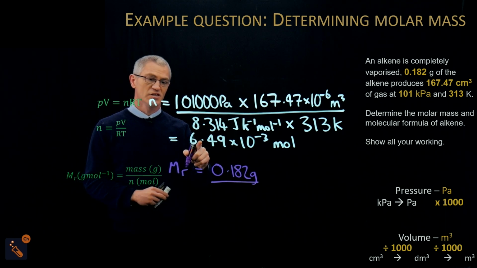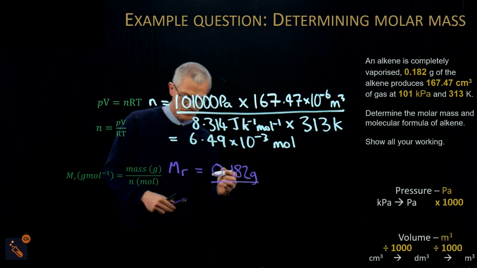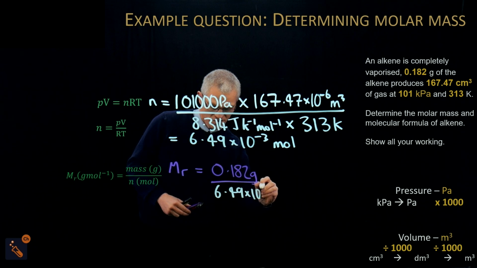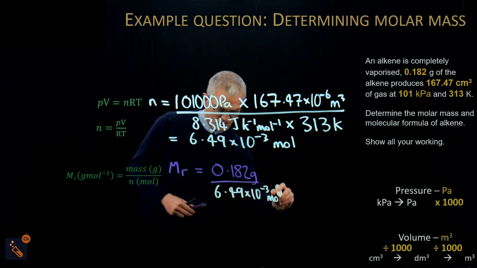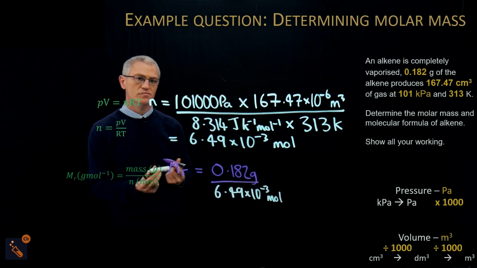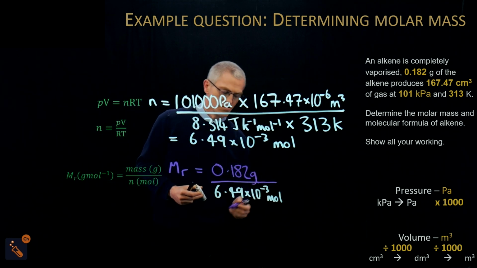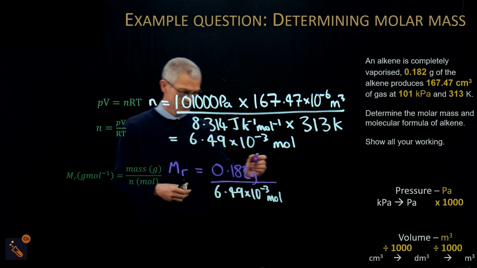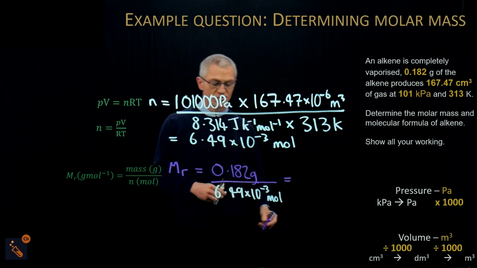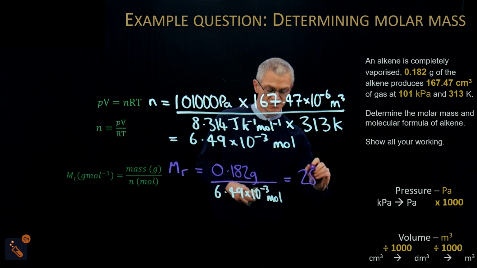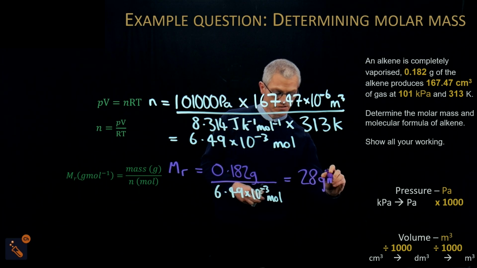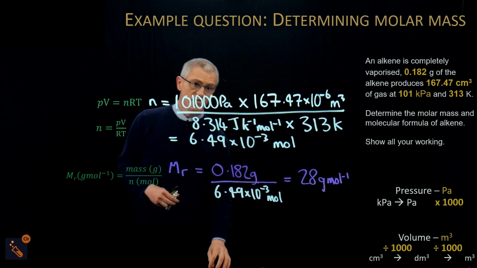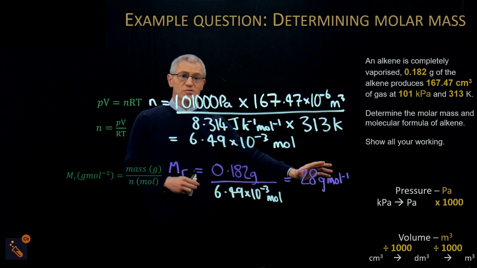Our number of moles is up here, so that is 6.49 times 10 to the -3 moles. And then in the end we get a number which equals 28. Okay, and that's 28 grams per mole.